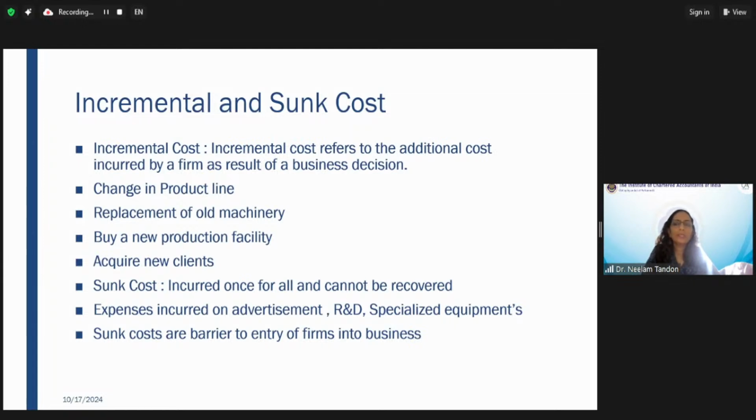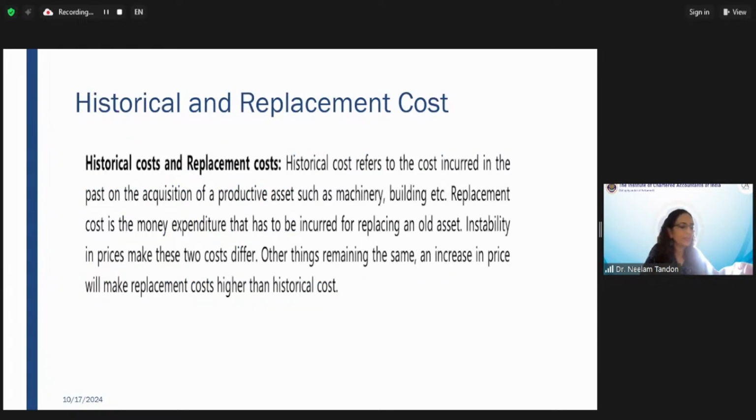But if you have a PC and you believe that this PC has become obsolete and you have to go for a new one, and you sell it in the market and get some money from that and then you start working, that's not a sunk cost because you're getting some price for that. Okay, so new production line, new customers. So this is all about incremental, historical and replacement cost, which you reflect in your books.